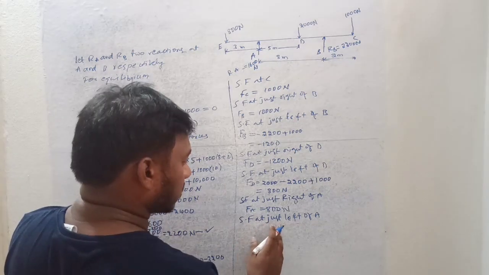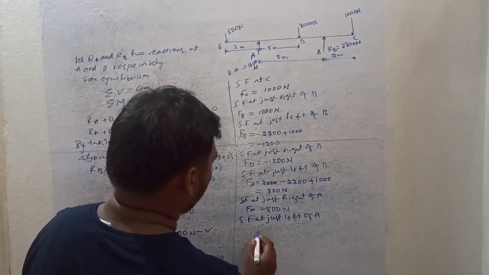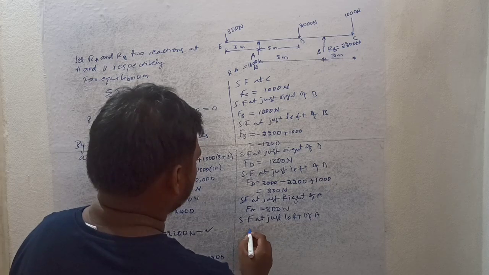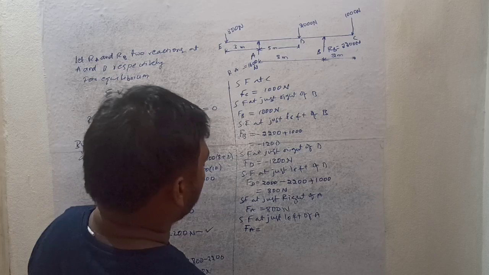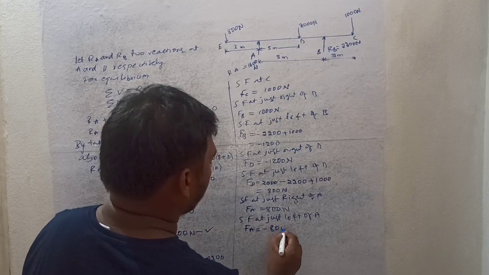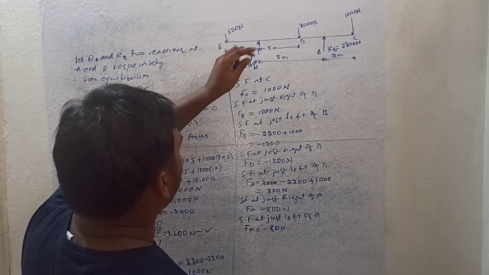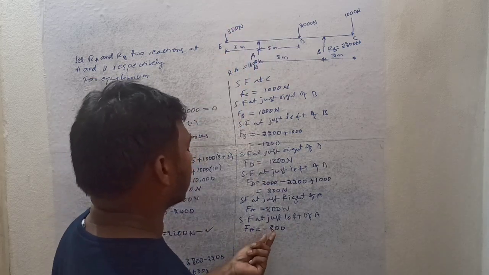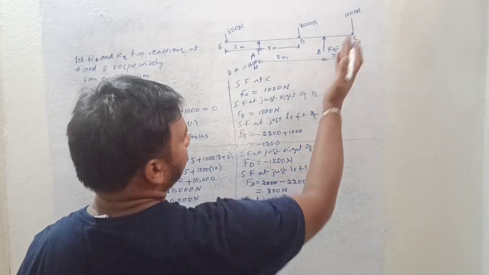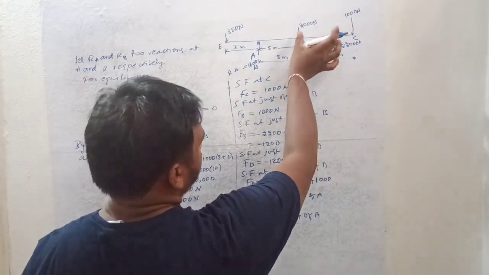So the shear force just left of A, F suffix A, equals minus 800. Why? Because it is acting downward. If I take the left of the cross section, I have to take downward forces as negative. Otherwise, you can take right of the cross section, but some calculation will be more.